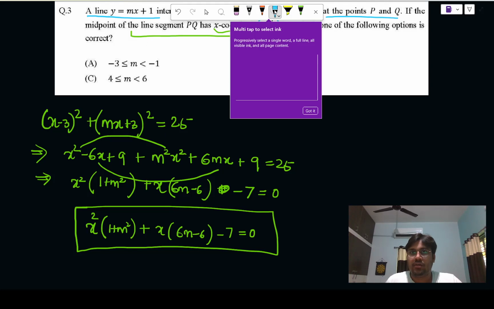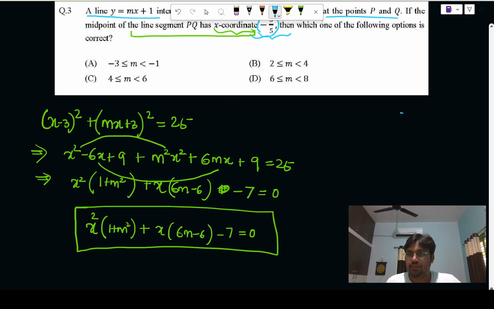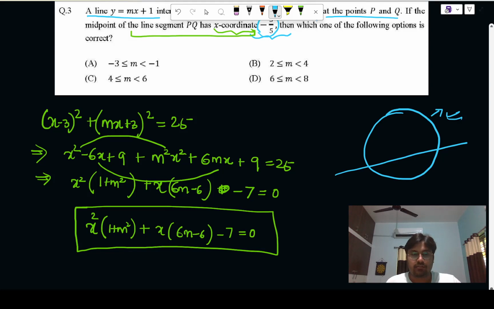So what I mean to say here is, let's say you had a circle here, right? You know the equation of the circle that they have given to you. This is known. And you have a line, and you know the equation of the line. So when you are substituting the line mx plus 1 into the equation of the circle and solving, the values of x that you get from this equation will of course be the points of intersection, right?